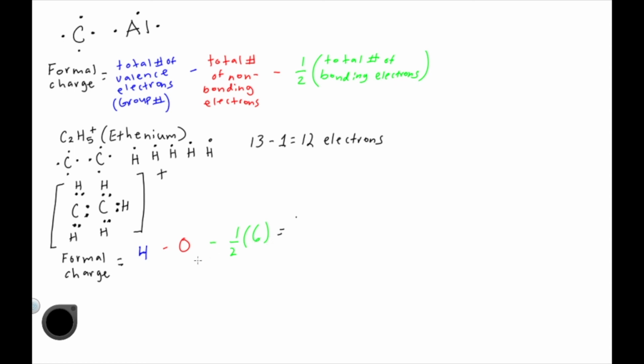So that gives us 4 minus 0 minus 3, which is just going to be 1. Right? So therefore, the formal charge on this carbon right here is going to be +1. So to indicate a +1 formal charge for this carbon, we just add a plus next to this carbon, right? And so that's going to be the formal charge of this carbon.